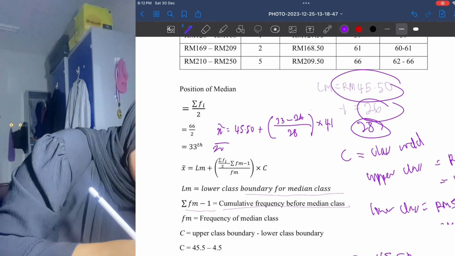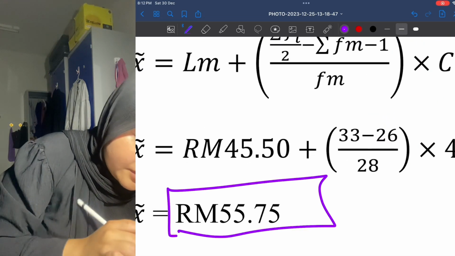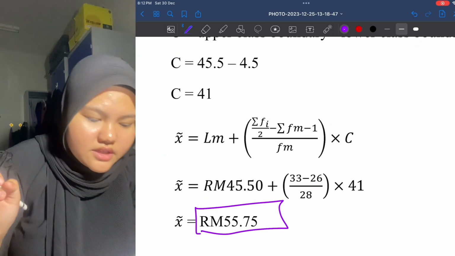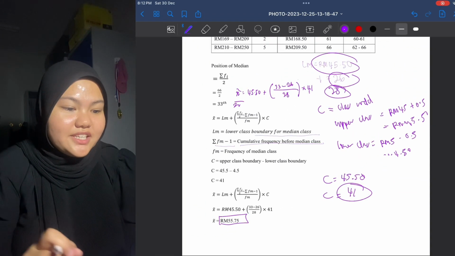Then you get the value of the median, which is RM55.75. That's only for the median.